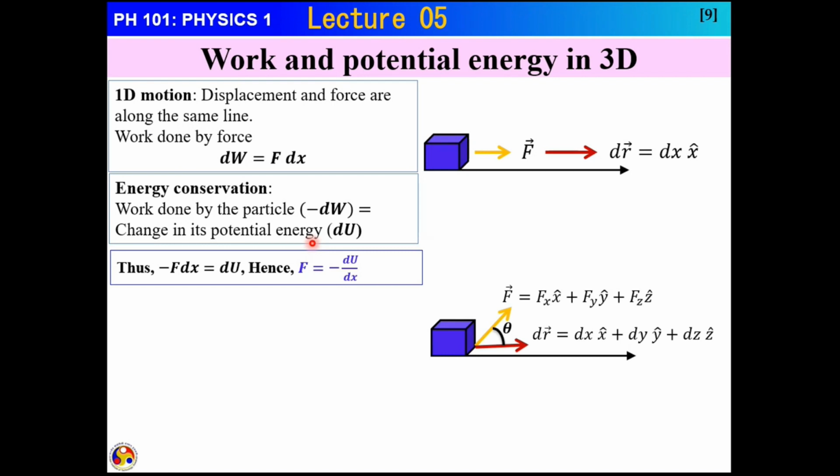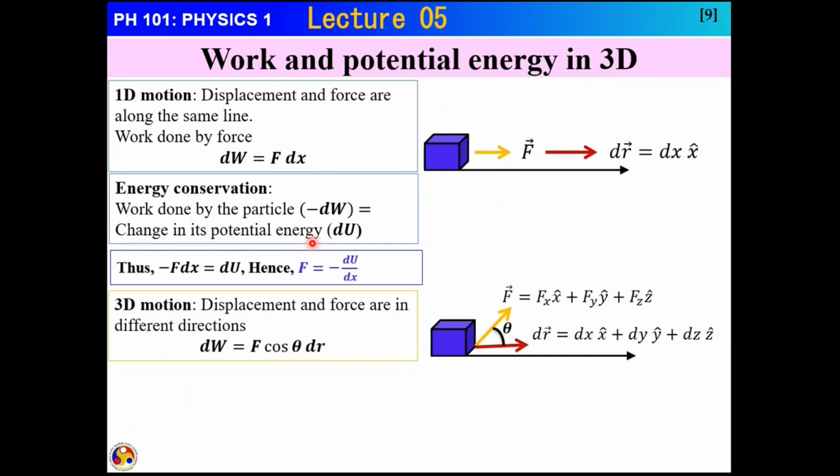If this is not in 1D but in 3D, and the displacement is not happening along the direction of the force but at some angle, then we have to take a dot product between the force and the displacement.